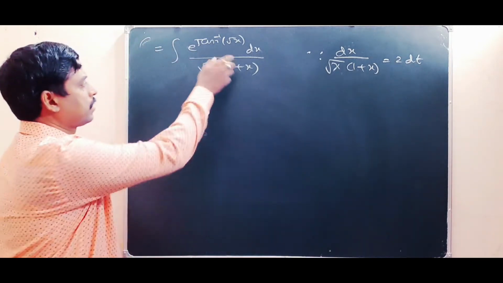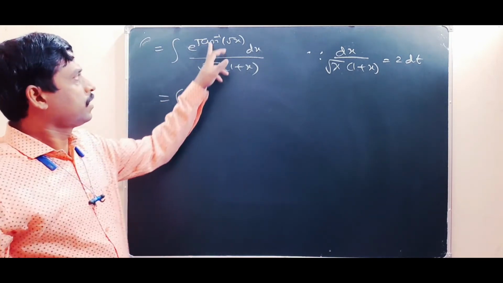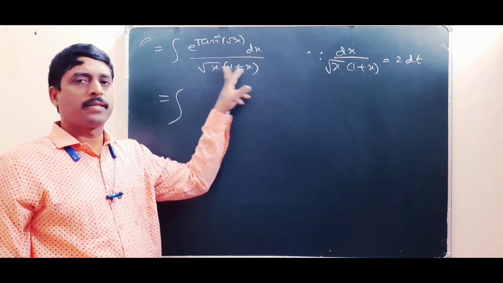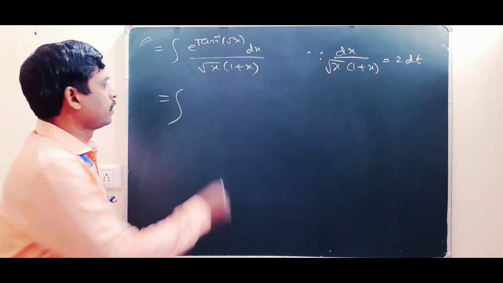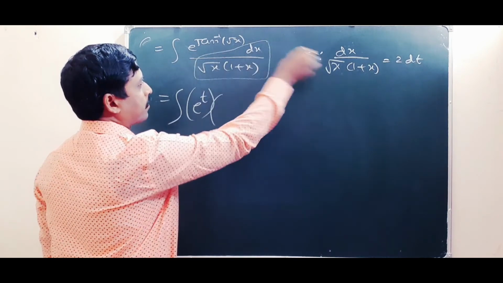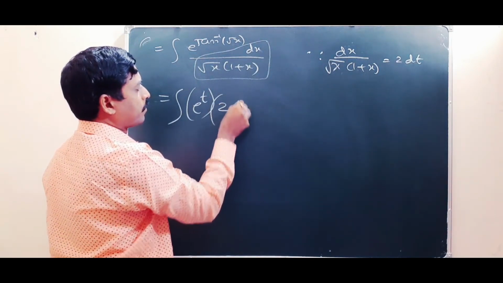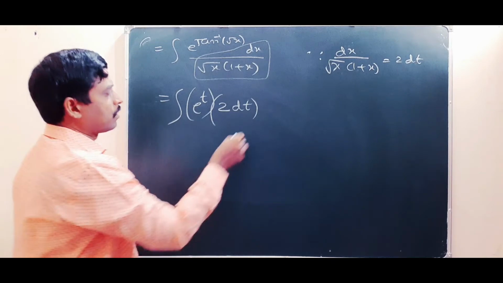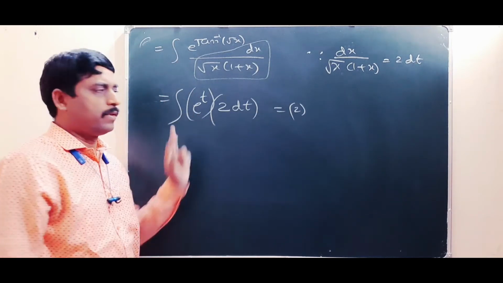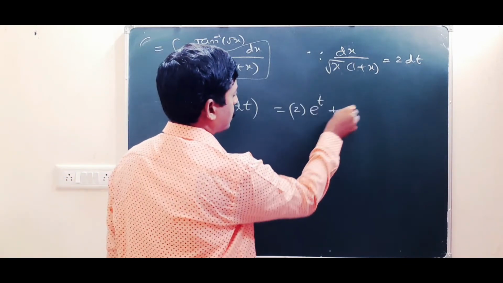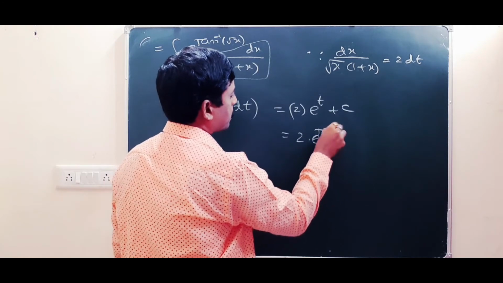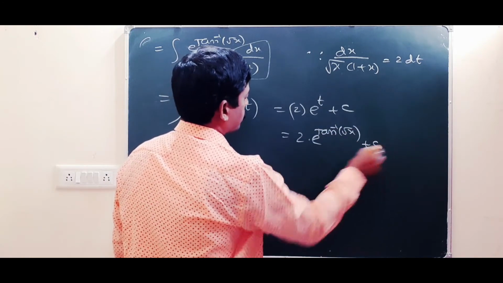In the statement, on substituting tan inverse of root x by t and dx by root x into (1 plus x) by 2 dt, we get e to the power t into 2 dt. Two is a constant, and the integral of e to the power t is e to the power t plus c. So the answer is 2 times e to the power t, where t is tan inverse of root x, plus c. So this is the answer.